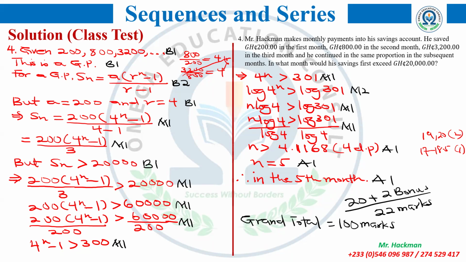But what if in your conclusion you stated that it is going to be in the fifth month? In your mind, your equal to was an inequality.